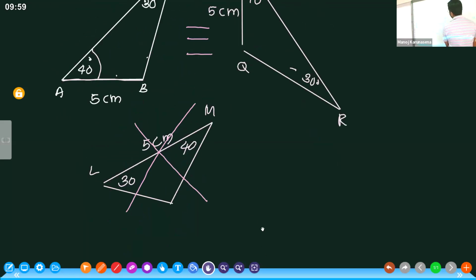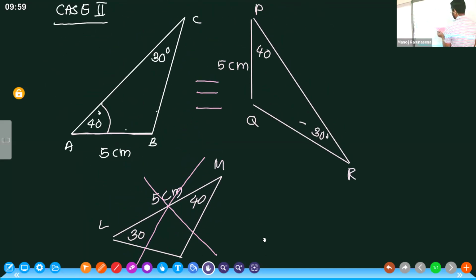I have a triangle here, and I have taken this length as 15 centimeters.